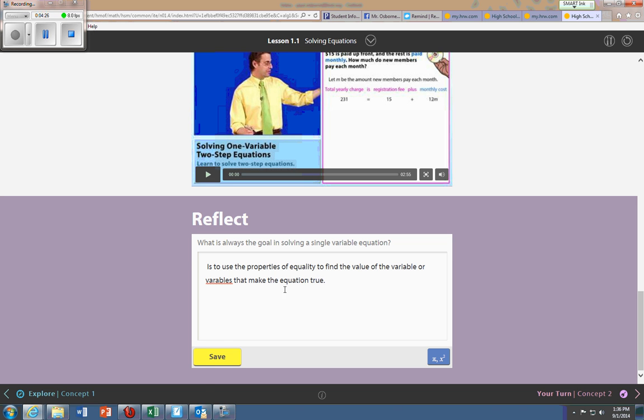Apparently I misspelled variables. Okay. Another way to say it is to isolate the variable. We want to get the variable by itself.